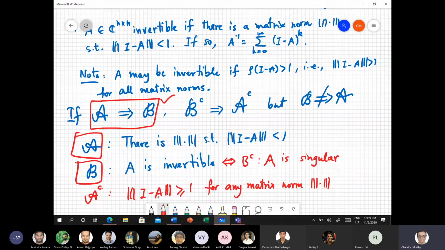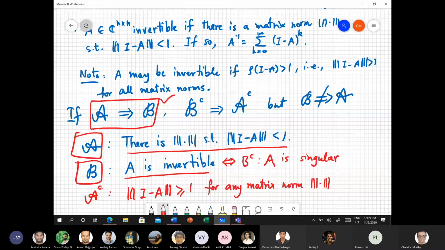Okay, and what is B does not imply A here? B is the statement that A is invertible. It does not imply that there must be a norm such that norm of I minus A is less than 1. So B does not imply A. In other words, it is possible that norm of I minus A is greater than 1 for every norm, but A is invertible.